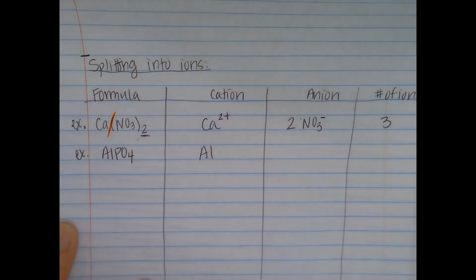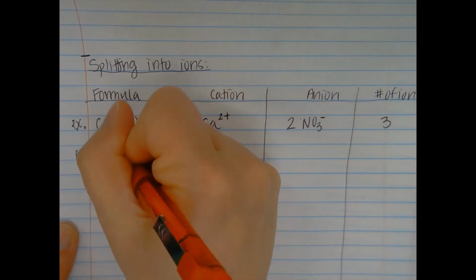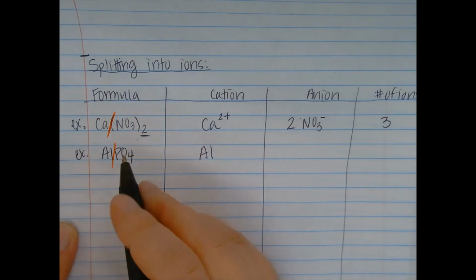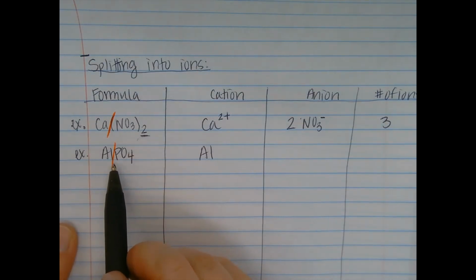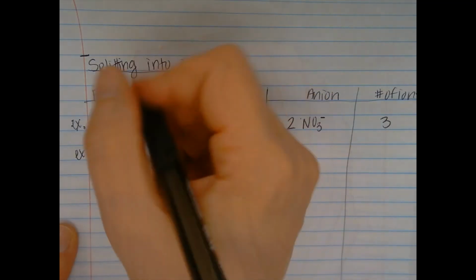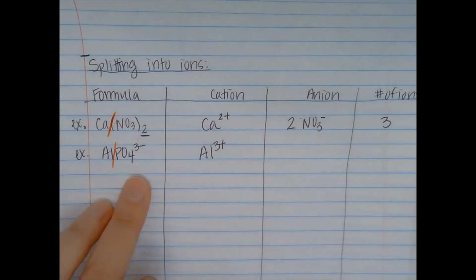So if I do that, and I split it after aluminum, then that's going to tell me what my anion is already. So for aluminum, there's no subscript after the Al, which means I just have 1 of them. And aluminum is a metal in group 3A, so it has a 3+ charge. I wrote that in the wrong spot, sorry.